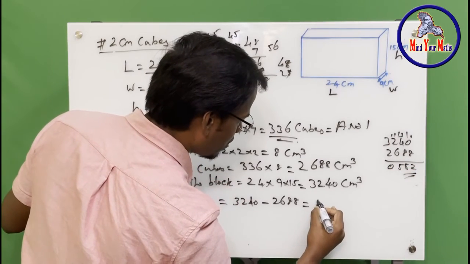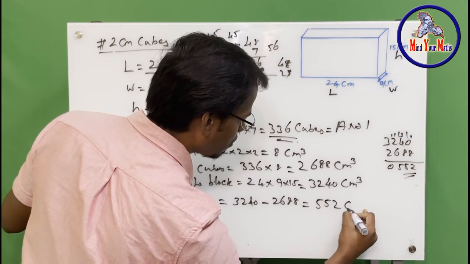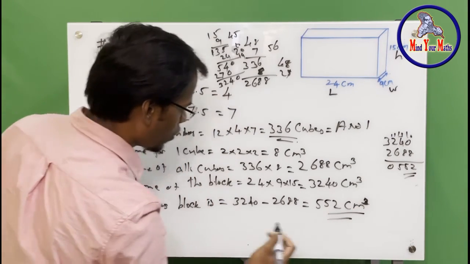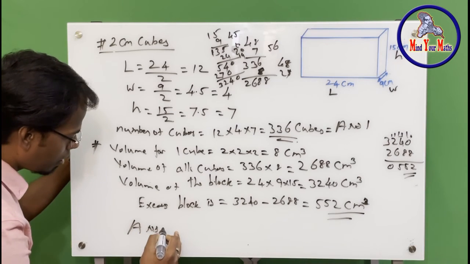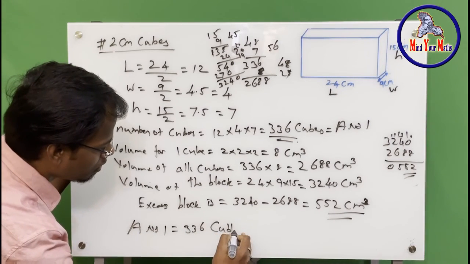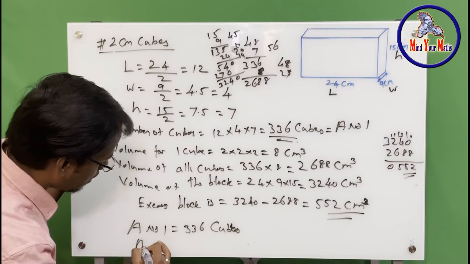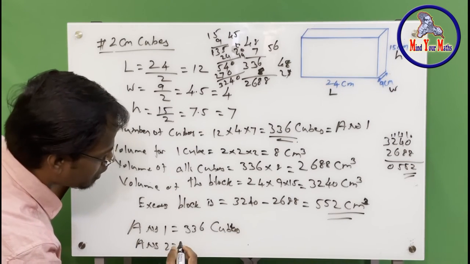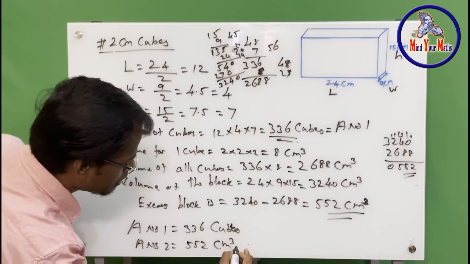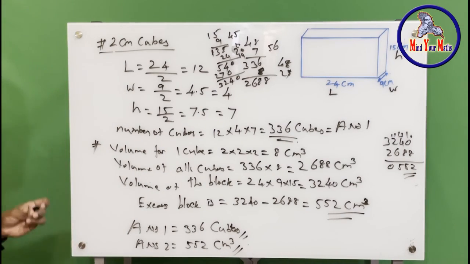So it is equal to 552 cubic centimeters. So answer 1 is 336 cubes, and answer 2 is 552 cubic centimeters. Easy, guys.